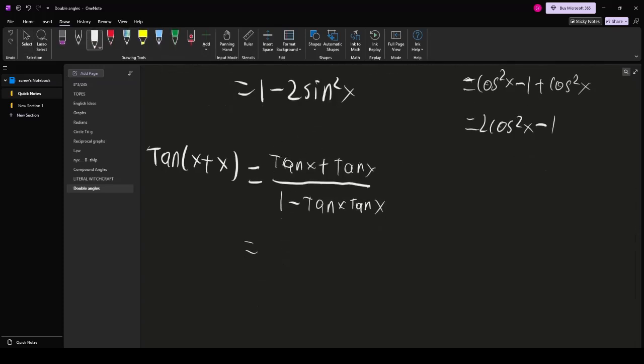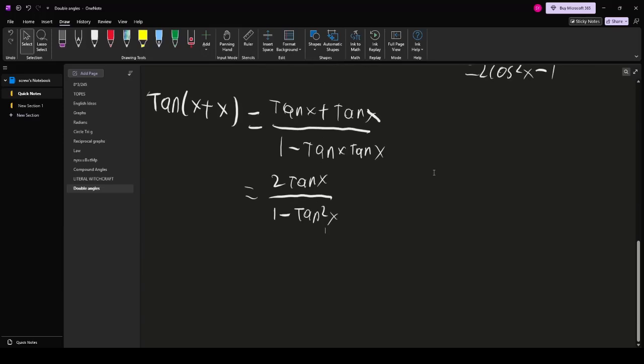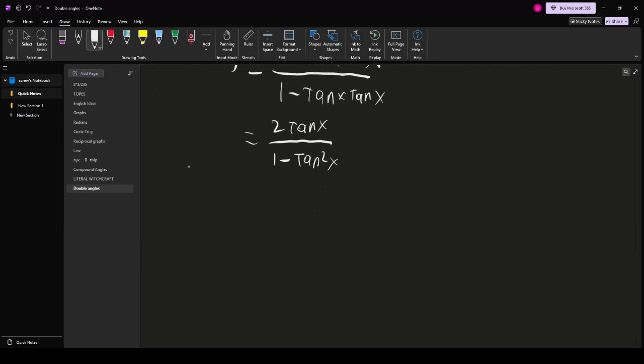The top, tan x plus tan x, just equals 2 tan x. The bottom is 1 minus tan x multiplied by tan x, which equals 1 minus tan squared x. And there's your double angle formula for tan.